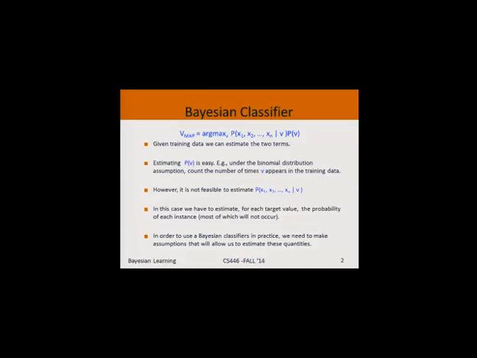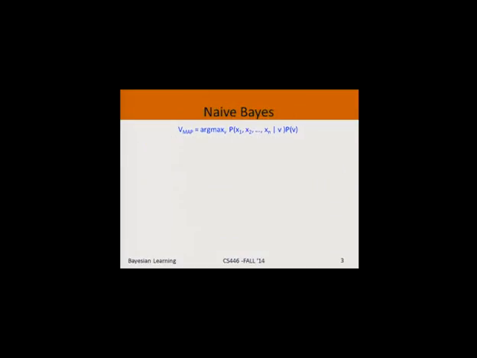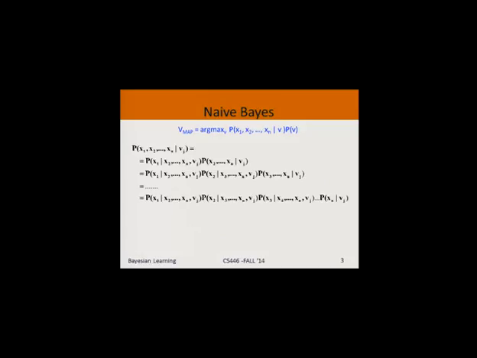So really, in order to do this, we have to make some assumptions, and the assumption that we're going to make is as follows. First of all, let's just simplify it. What I'm writing here is the probability of x1 up to xn. Remember, these are my features given Vj. I'm writing it as P of x1 given the rest.